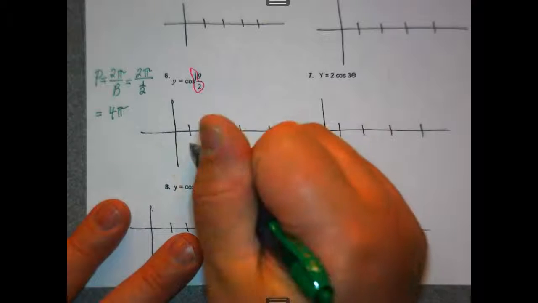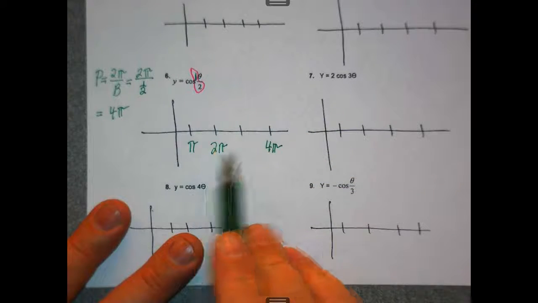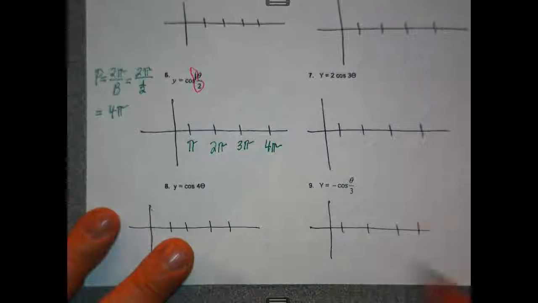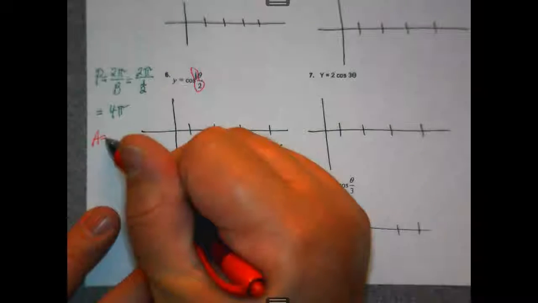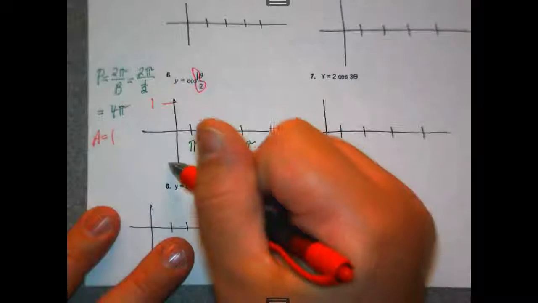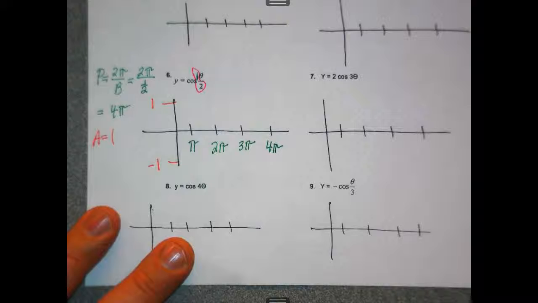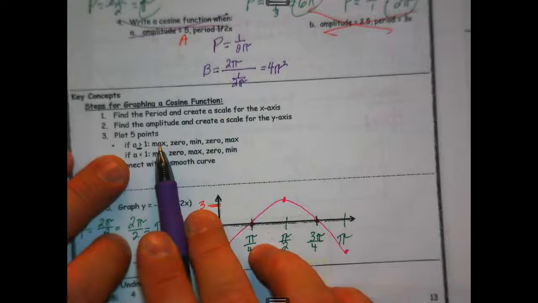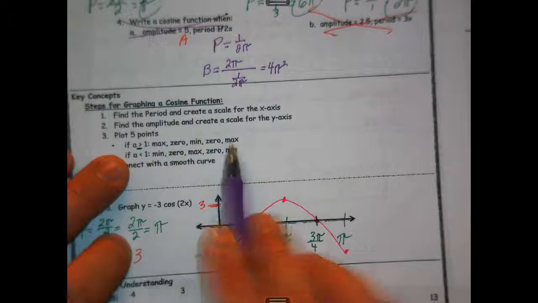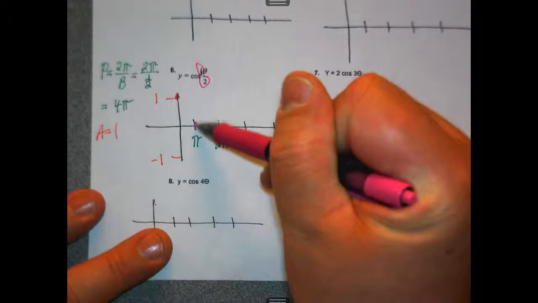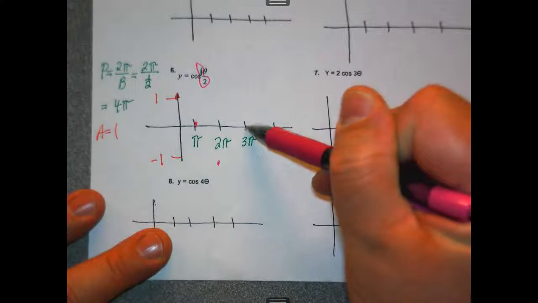And half of 2? 1 pi. So 1 pi, 2 pi, 3 pi. What's my amplitude? What's the coefficient of the cosine? 1. Okay, my little a is equal to 1, so I'm going to use the top one. Max, 0, min, 0, max.